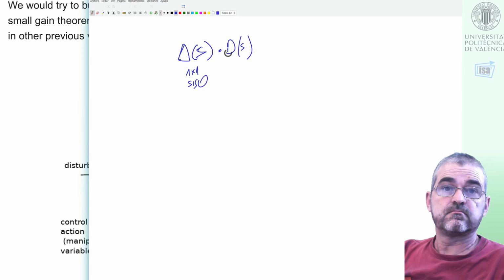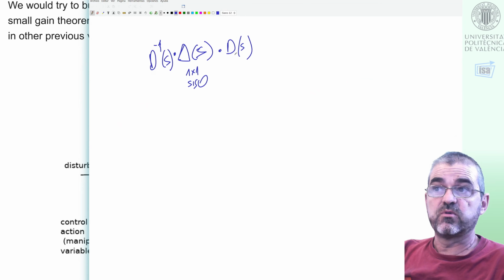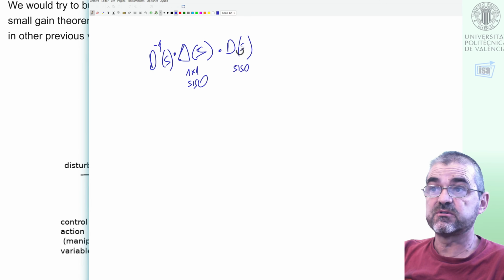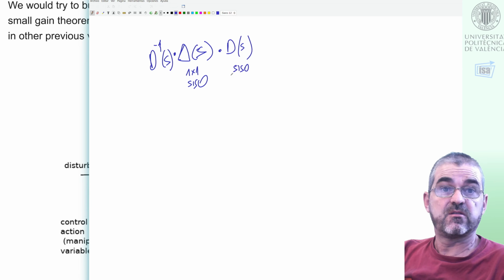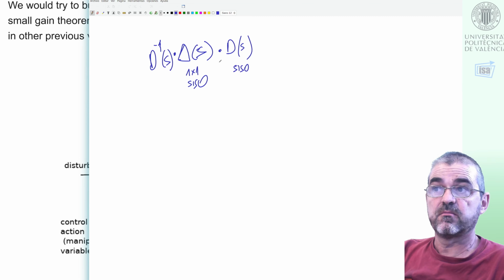So if I think of putting in a dynamic scaling, which is also a single input, single output transfer function, then transfer function matrices in the general case do not commute, but they do in the single input case.